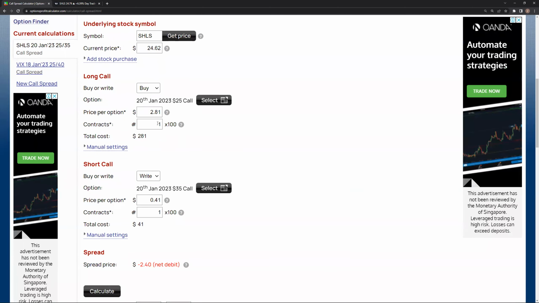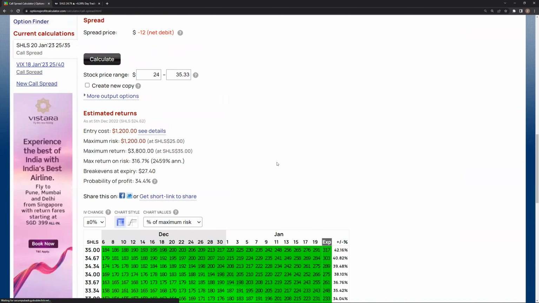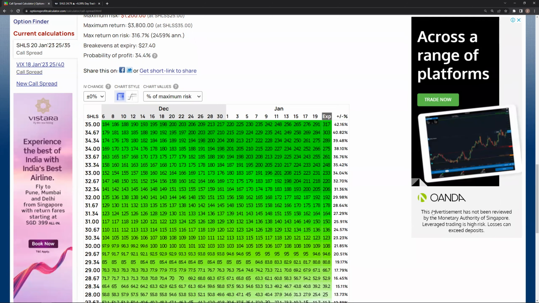Of course, if you have a lot of capital, you can buy a lot more, and then things might be different. Then you are risking $1,200 for $1,800 profit, which is a bit okay.